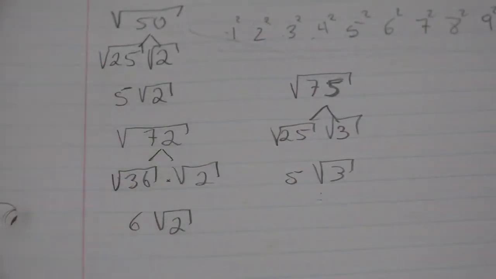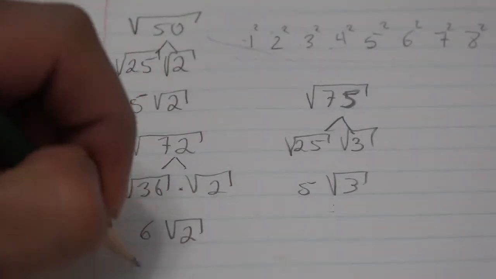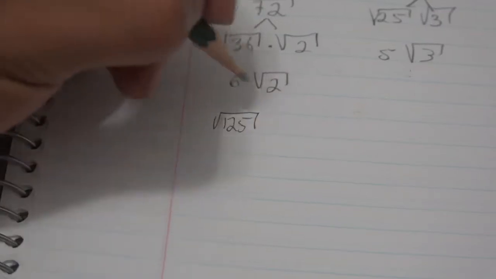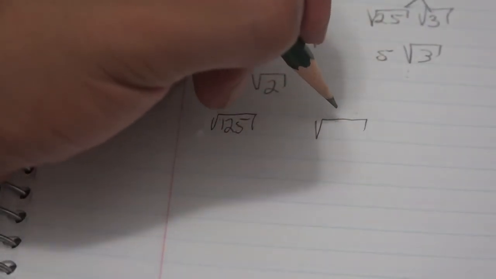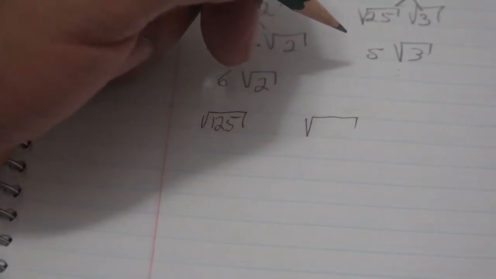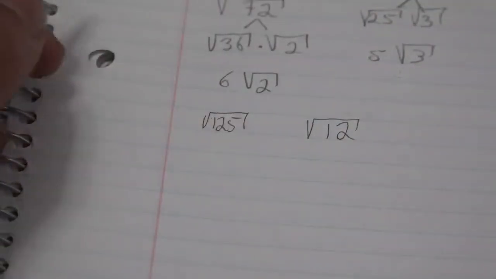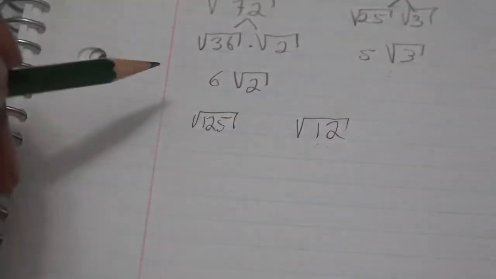All right? And you have little examples, radical 125. If you want to practice, try this one, radical 125. Radical 12 is one of the common ones. 12 is nothing more than 4 times 3.